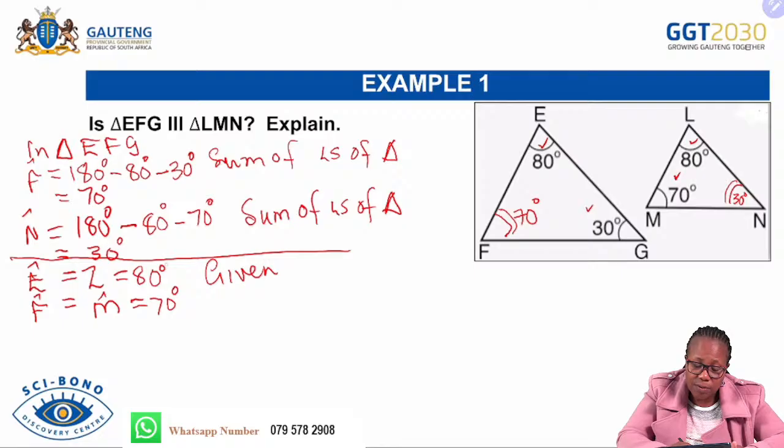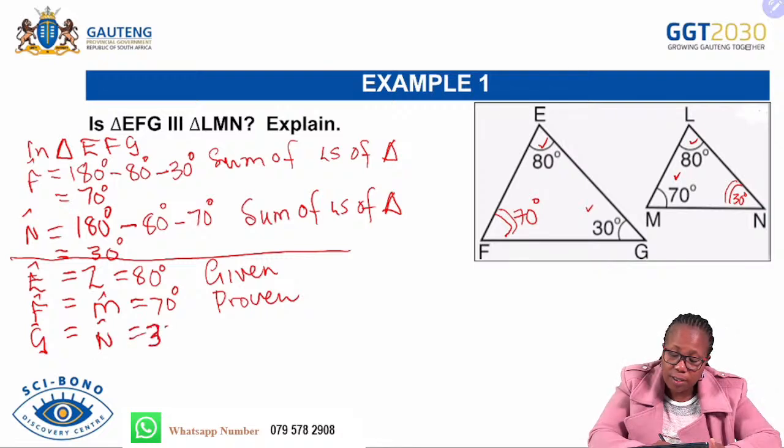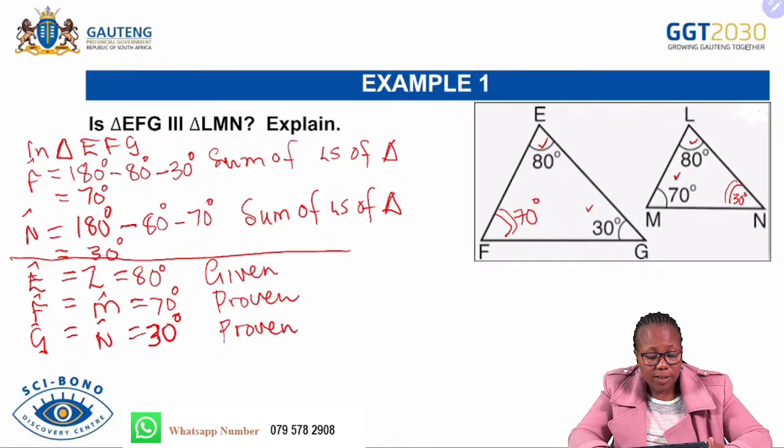We have just calculated that above, okay? And then lastly, we have the last angle, angle G, which is equal to angle N, equal to 30 degrees. We have also proved that in the previous calculation there.